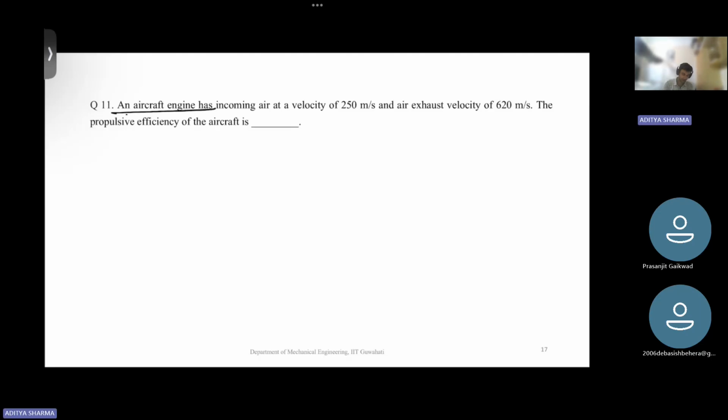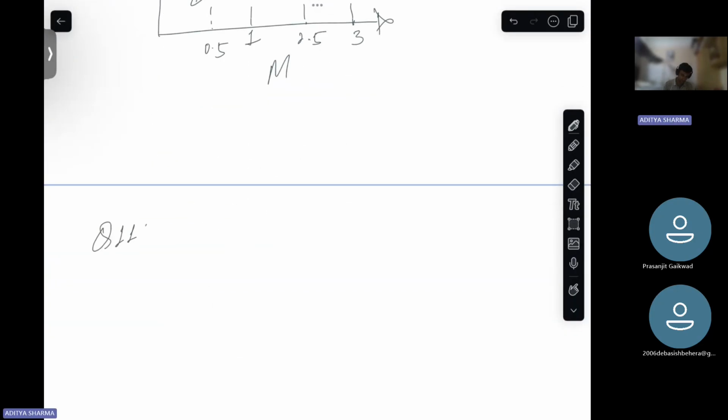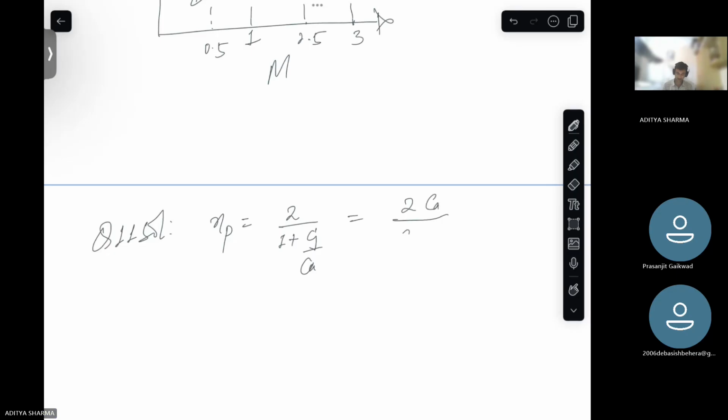So an aircraft engine has incoming air at velocity 250 meters per second and exhaust at 620. The propulsive efficiency of the aircraft is. So question number 11, solution. Propulsive efficiency, I just told you, is 2 into (1 plus Cj by Ca). That is 2Ca by (Ca plus Cj).